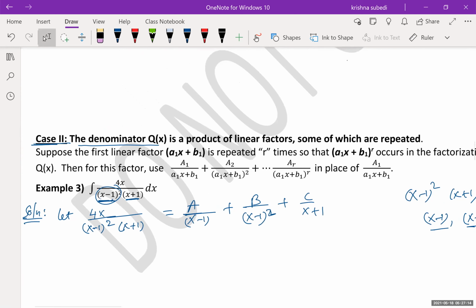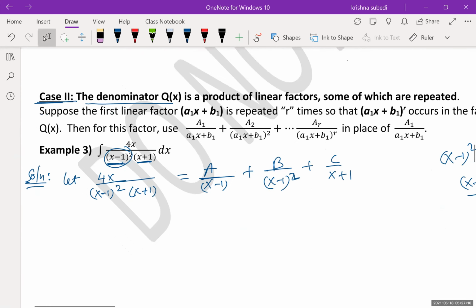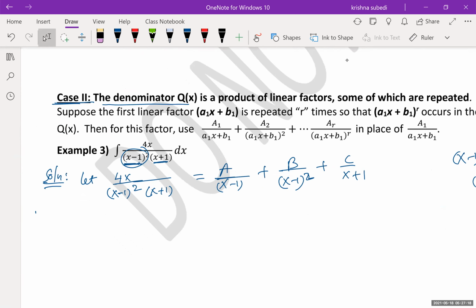So all we need to do now is find the value of a, b, and c. Excuse me, Professor. Yes. I do have a question. Okay, that's a very good question, guys.